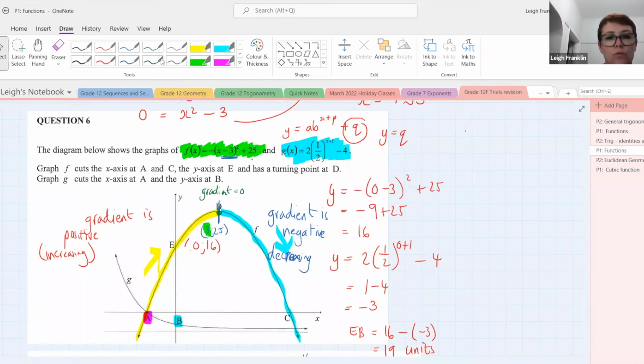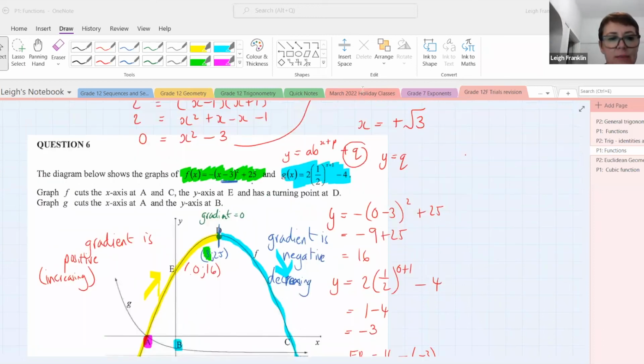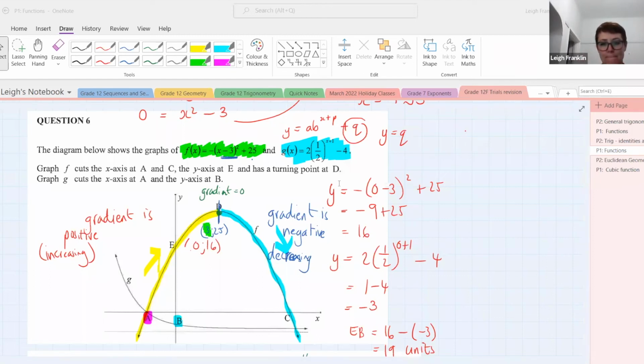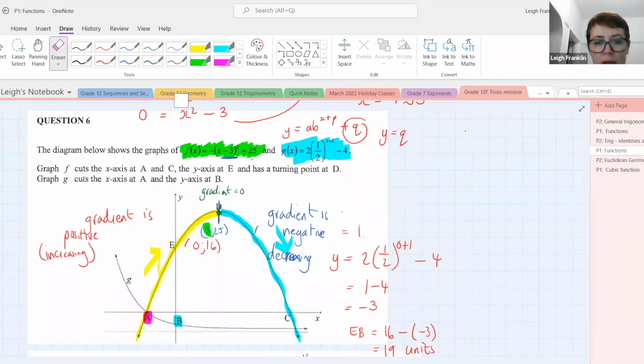So what does point A represent? What is point A? We don't have to find the derivative for this question. It's an x-intercept of f. Absolutely. So I'm going to let you guys work out what the x-intercepts of f are. Well, there's 2, but we're going to pick the negative one for A, aren't we?